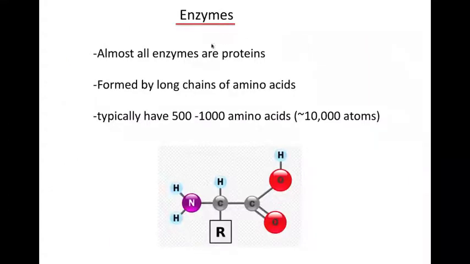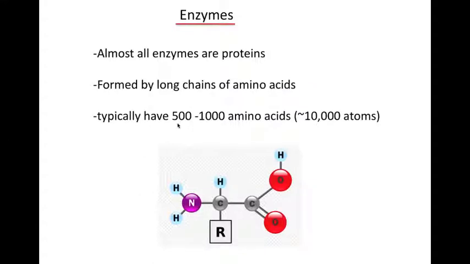So almost all enzymes are made up of proteins. There are a few tiny exceptions of enzymes that are made up of RNA molecules, but we won't go into that. And like all proteins, they're formed by long chains of amino acids. This is an amino acid down here.